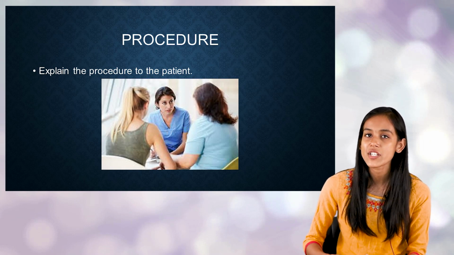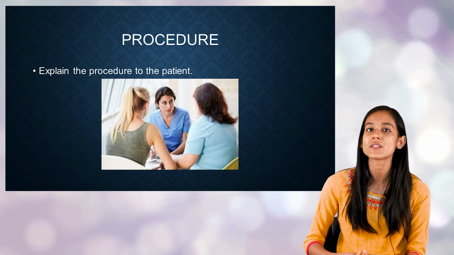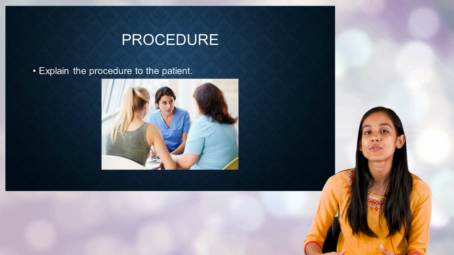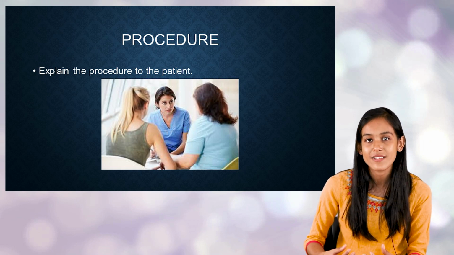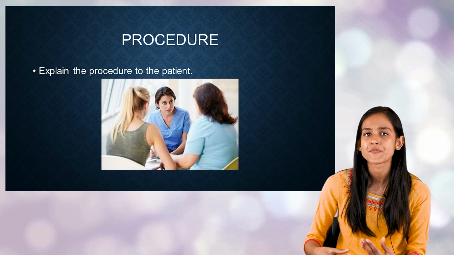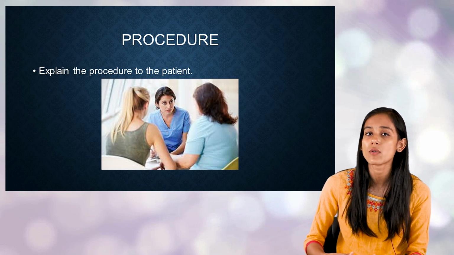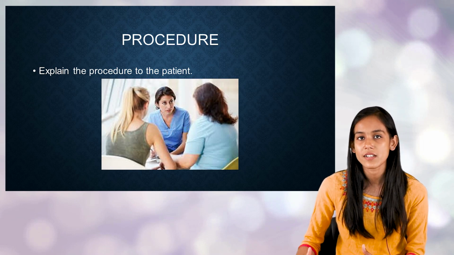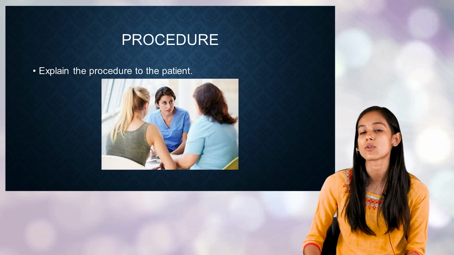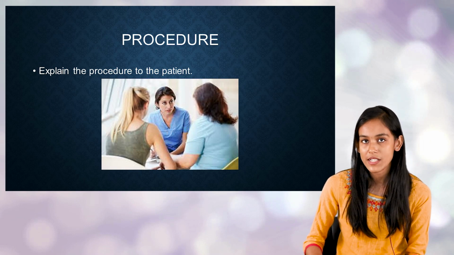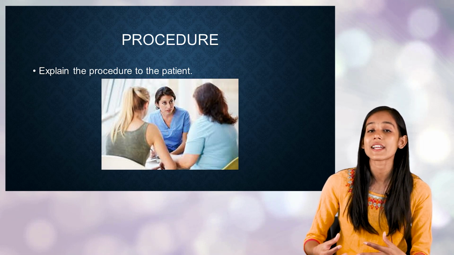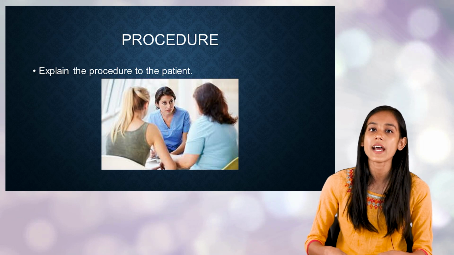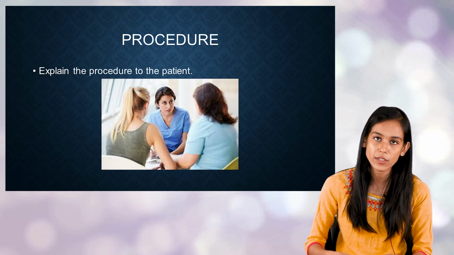You need to first identify the patient, and then explain the whole procedure to the family members: what you're going to do, what is the reason for inserting the tube, and why the child cannot take feed orally. Also, if there are any consequences that might happen, or if it can have any complications for the child, those things also you need to explain to the parents.